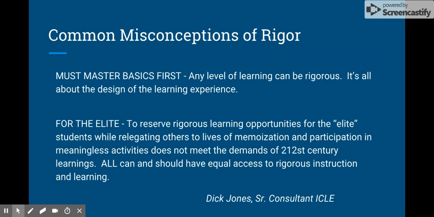Again, that's doing a disservice to all of our students. We really want to make sure that we are providing rigorous thinking opportunities for all of our students because they are going to need that capability in order to meet the demands of 21st century jobs, or 22nd century jobs, as our students get older.